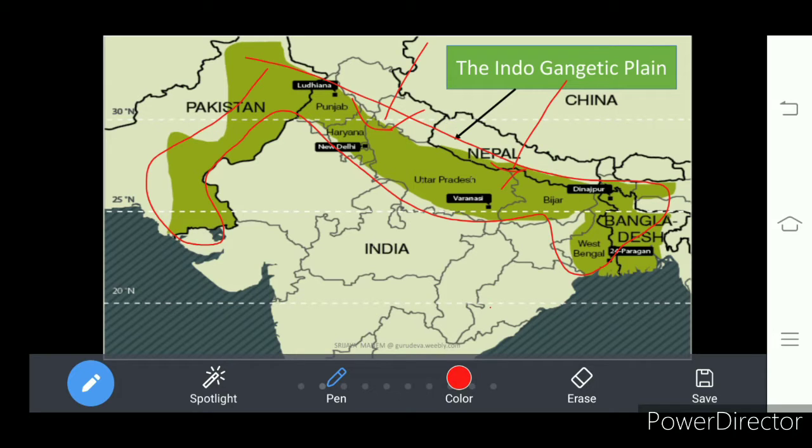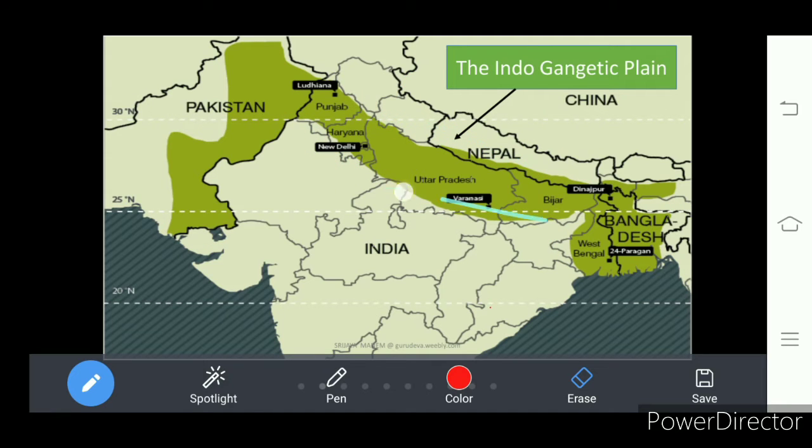For many million years, this shallow basin was filled by the fertile alluvium sediments brought by these rivers. Later, it turned into fine fertile plains, which we call the northern plains or Indo-Gangetic plains.